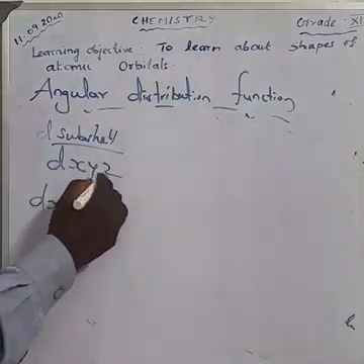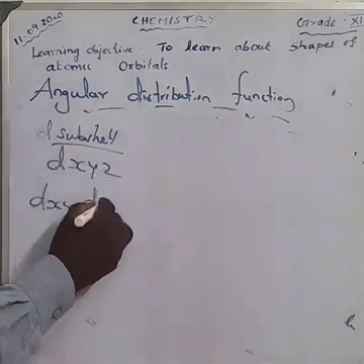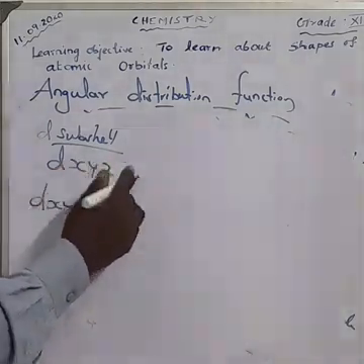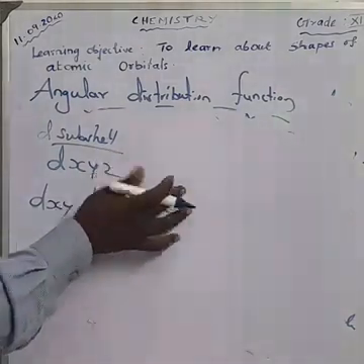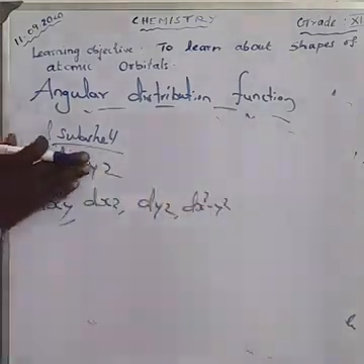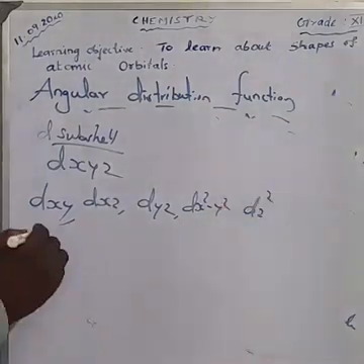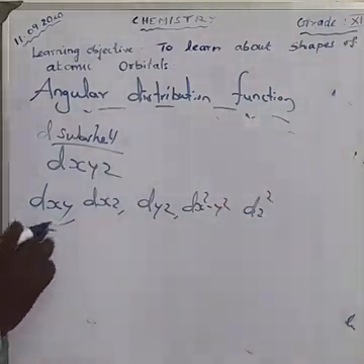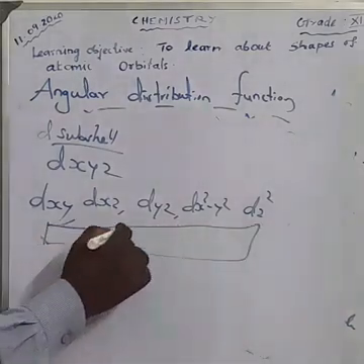Next one, dxz. Next, dyz. Next one, dx square minus y square. Next one, dz square. Okay. These are the 5 orientations of the d subshell.